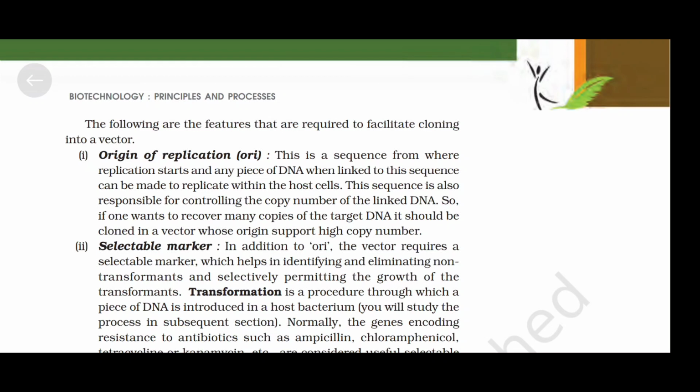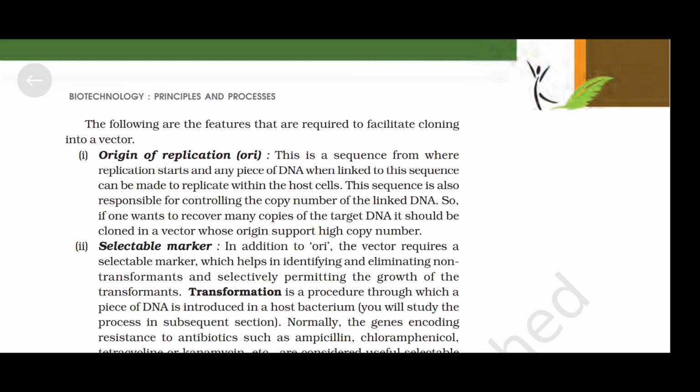This is a sequence from where replication starts, and any piece of DNA, when linked to this sequence, can be made to replicate within the host cells. This sequence is also responsible for controlling the copy number of the linked DNA. So, if one wants to recover many copies of the target DNA, it should be cloned in a vector whose origin supports high copy number.